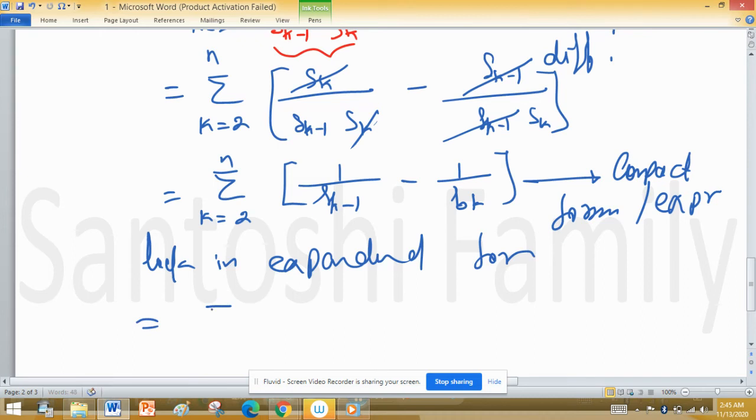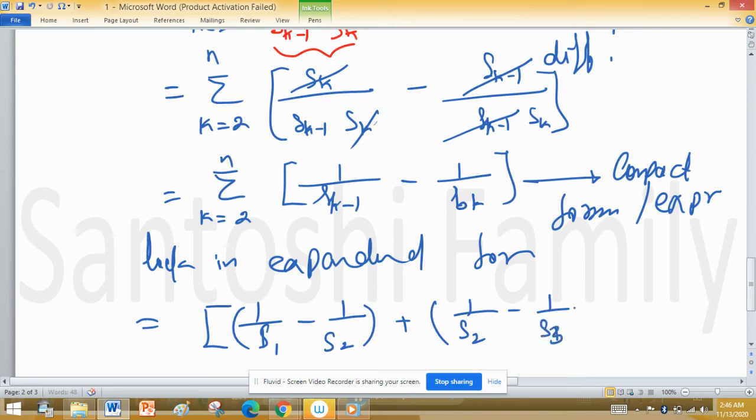If I use k equal to 2, then it is 1 upon s1 minus 1 upon s2, plus 1 upon s2 minus 1 upon s3, plus and so on up to n terms.